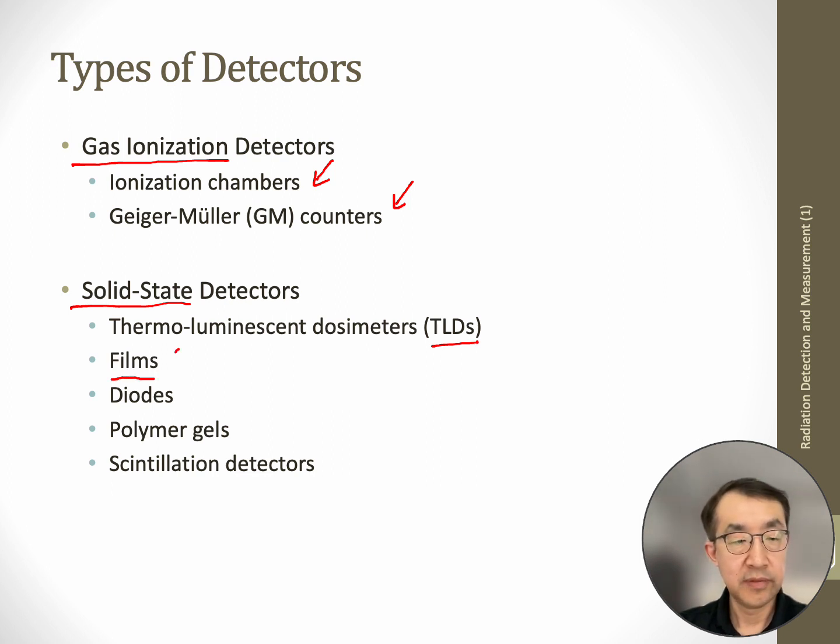So we'll learn about films and diodes and polymer gel. It's not really clinically readily available, but it's very interesting. It has unique features, and we'll also learn about scintillation detectors, not today, but next week rather.